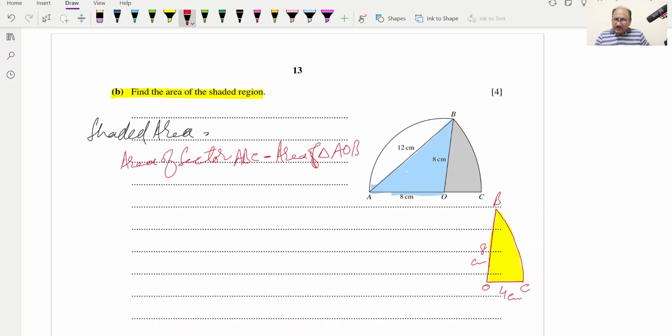This will give us the shaded area which is required, which I have shown over here separately also.